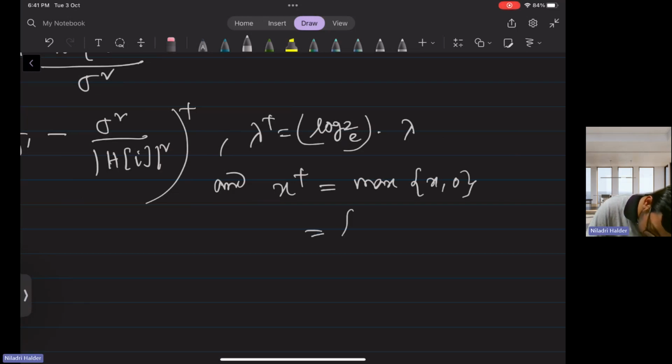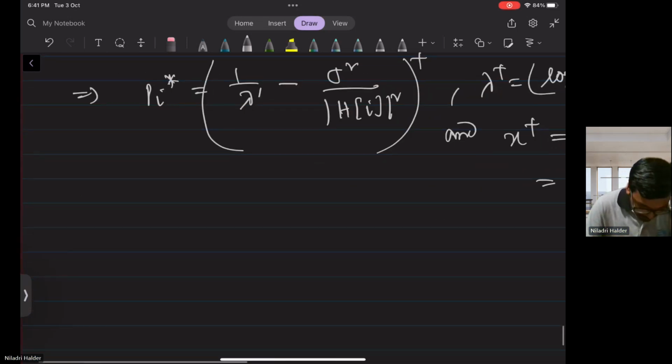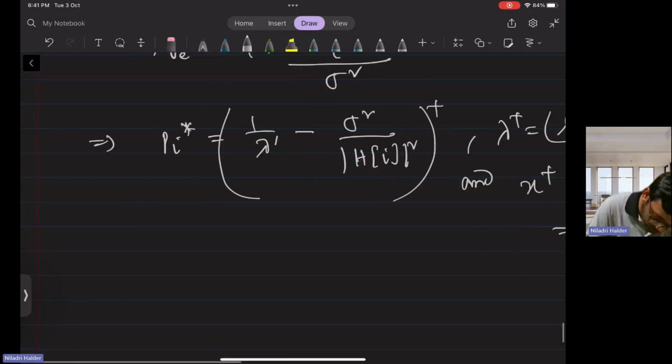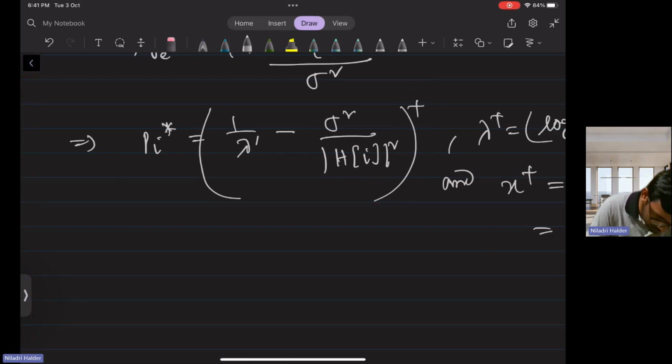Or you can write down this as the same as x when x is greater than or equal to 0, and 0 when x is less than 0. Okay, this is the p_i star, the optimal power. So then how to choose this lambda? You can find out lambda by using the total power constraint.